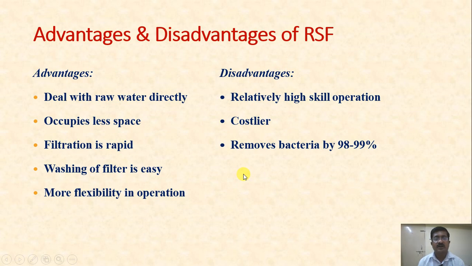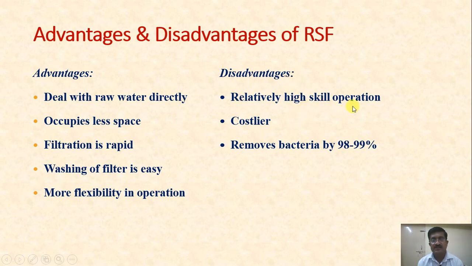Then what are the advantages and disadvantages of the rapid sand filter? Advantages are: it deals with the raw water directly, occupies less space, filtration is rapid, washing of the filter is easy, and there is more flexibility in the operation. Then what are the disadvantages?